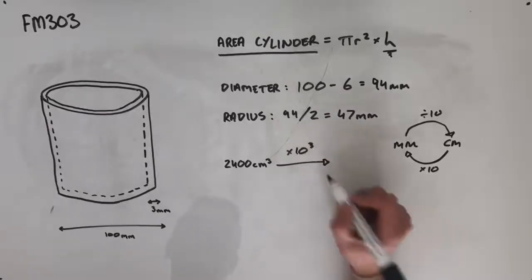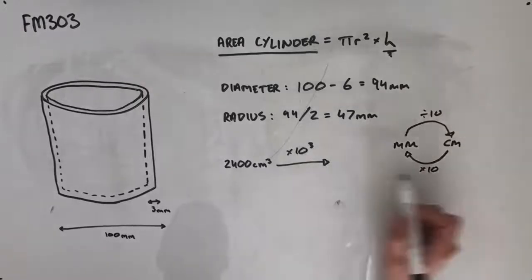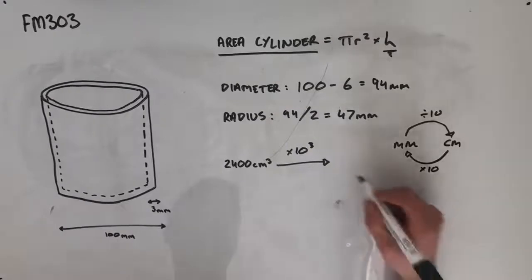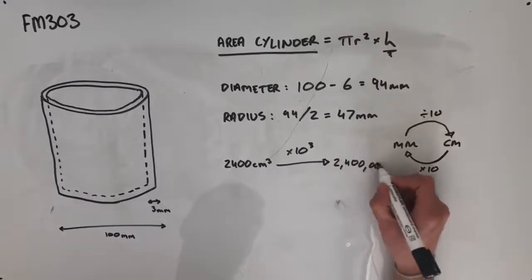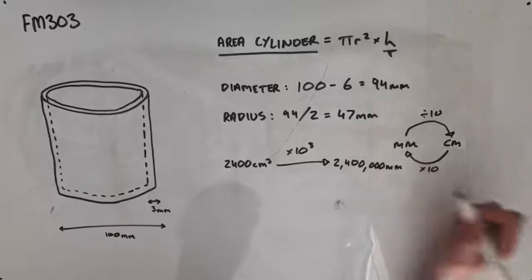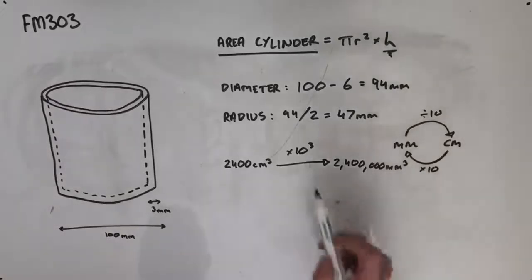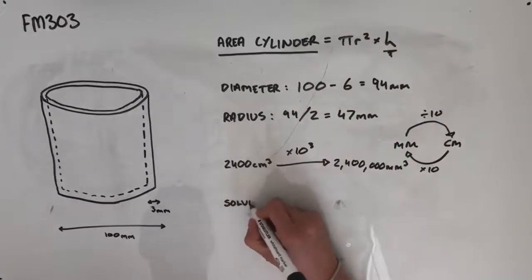We're going to go times 10 cubed because we're looking at centimeters cubed to millimeters cubed. So that times 10 is also cubed. This should give you an answer of 2.4 million millimeters cubed, and putting that into solve should get us the answer to this question.